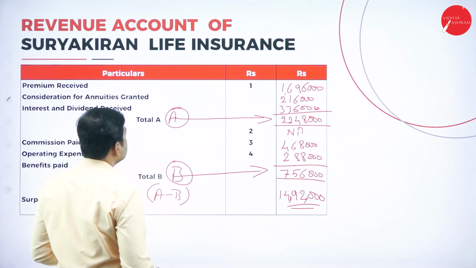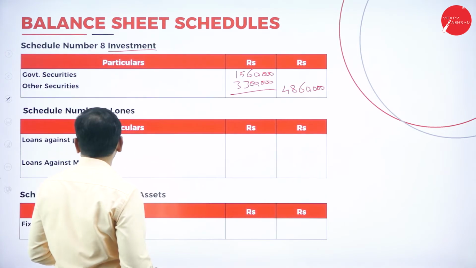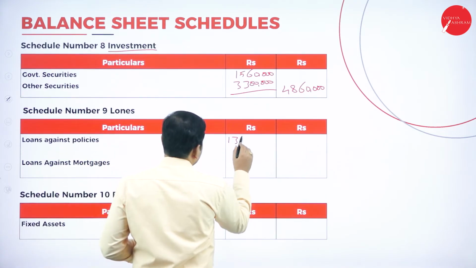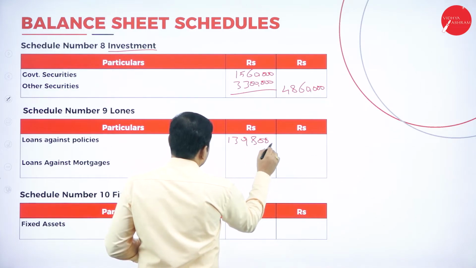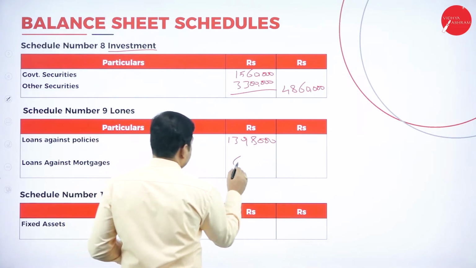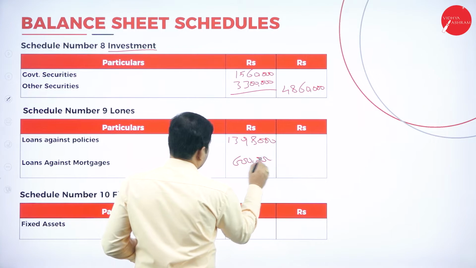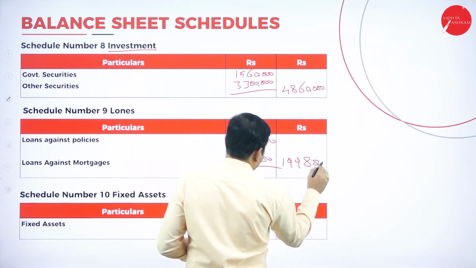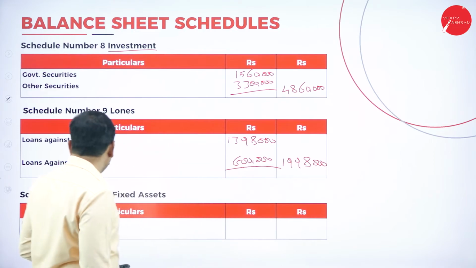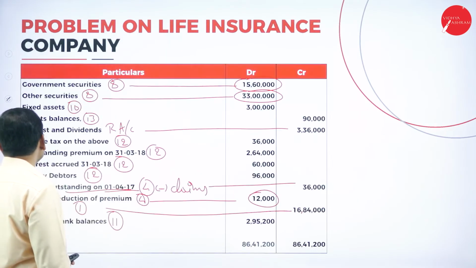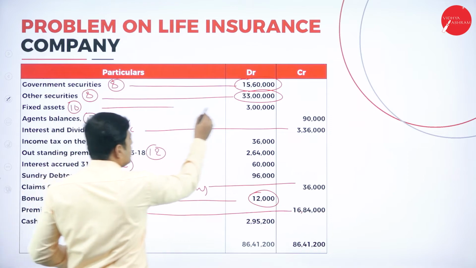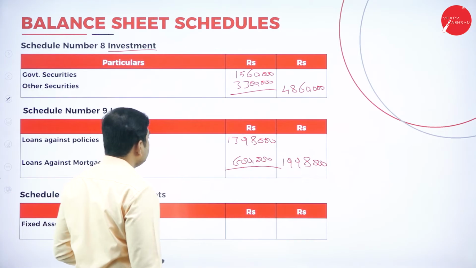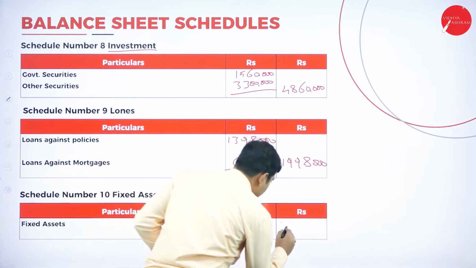Add this, you'll get 19,98,000. Again, coming to the fixed assets, he has directly given the fixed assets here. Fixed assets is 3 lakh.